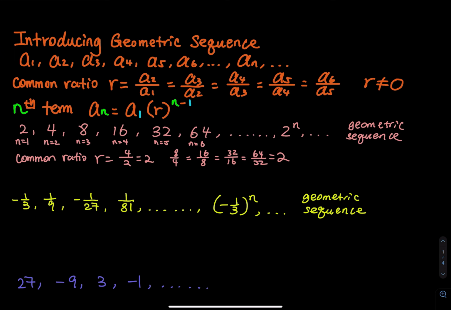And how about the nth term? I know we have the nth term right over here, but I want to try the formula anyway. So the nth term, an, is equal to the first term, a1, times r raised to the n minus 1. The first term is 2, and the common ratio is also 2.